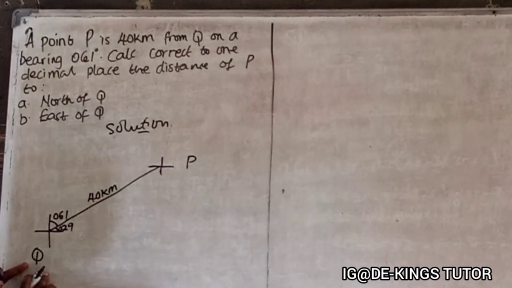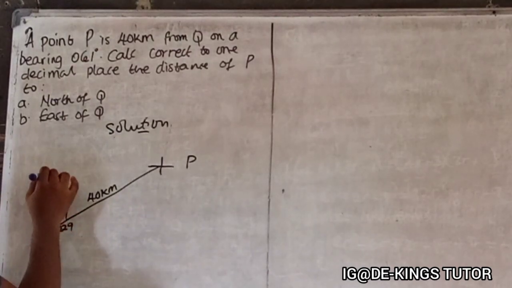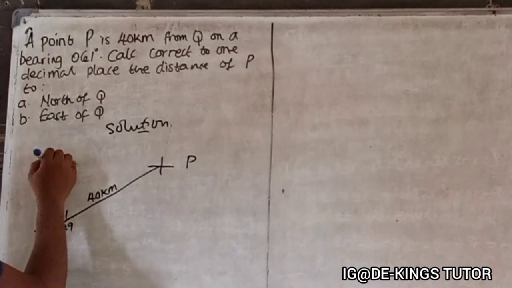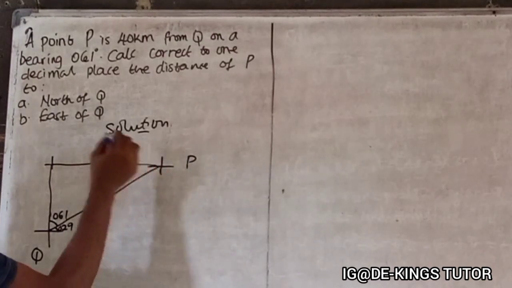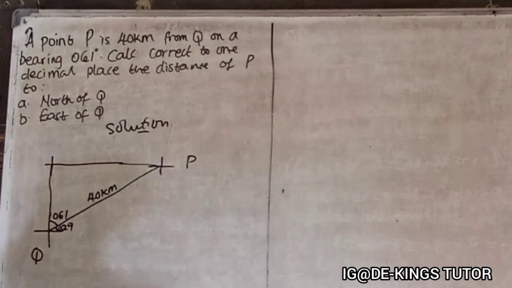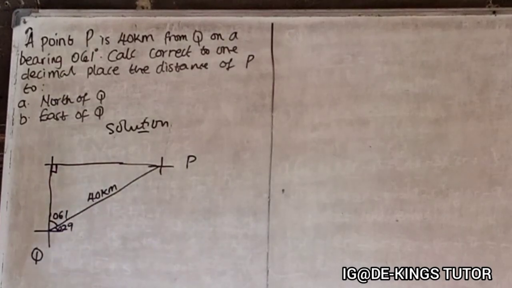So to calculate, correct to 1 decimal place, the distance of P to the north of Q. Now this is Q. Where's the north of Q? Up. So this point. To check this, it means this is the right angle line.